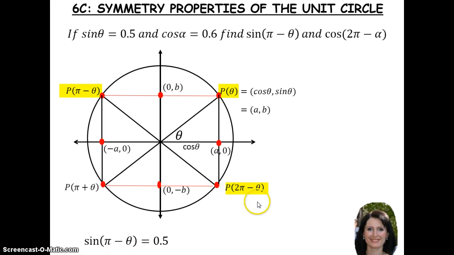The point at 2 pi minus theta means we're still going to have a positive cos value there. So it's still going to give us the cos value the same as at the point where we've got theta there, or alpha if you want to call it alpha. So if cos alpha is 0.6, cos of 2 pi minus alpha is also going to be 0.6.